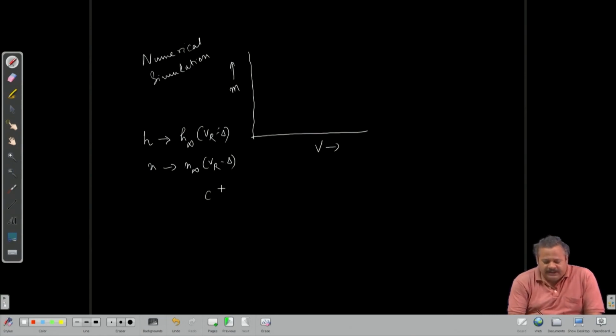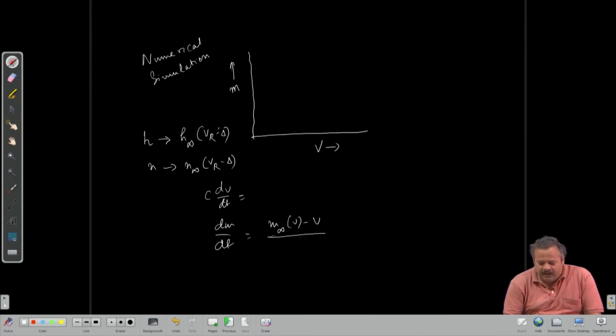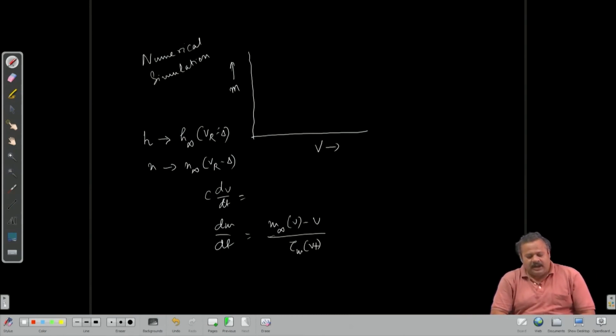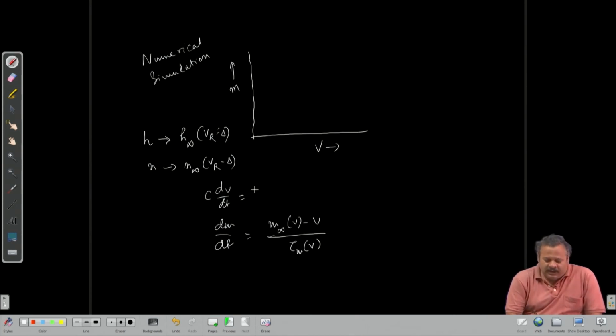So, we have our C dV dt equation and our dm dt equation. These two will define our system's behavior, at least in the initial few milliseconds, which will show us the anode break phenomenon. So, here we have I external.